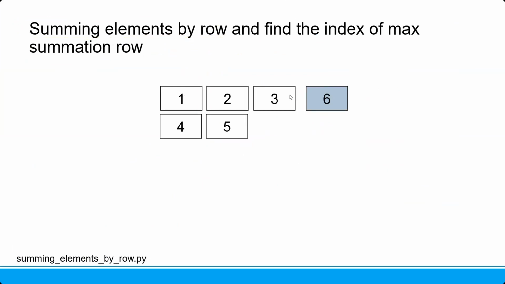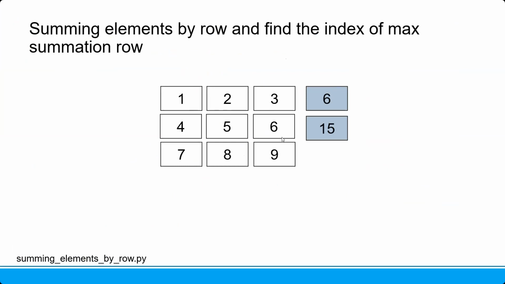And then the next row is 4, 5, and 6. 4 plus 5 plus 6 is 15. This is index 1. And then go to the next row, 7, 8, 9, and do the summation. 7 plus 8 plus 9, the result is 24.